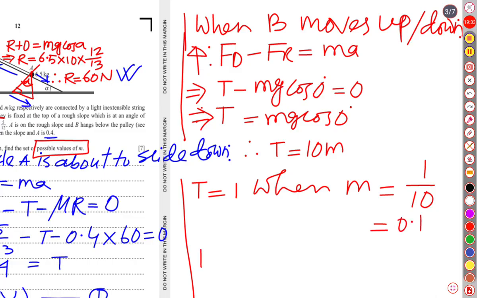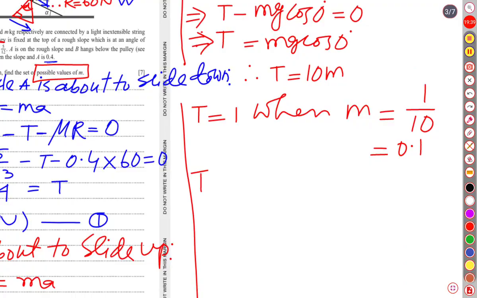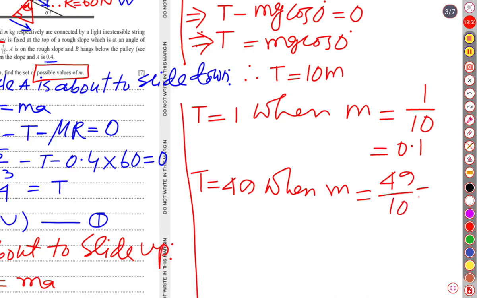And what was the second value we obtained for the tension? The second value was 49. T is equal to 49 when m is equal to 49 over 10, which is 4.9. Let me write it just below this, it is going to be 4.9.